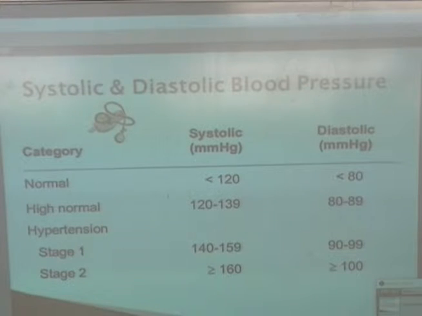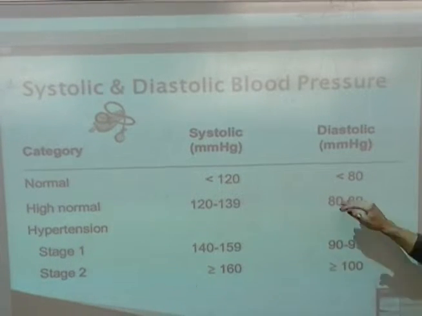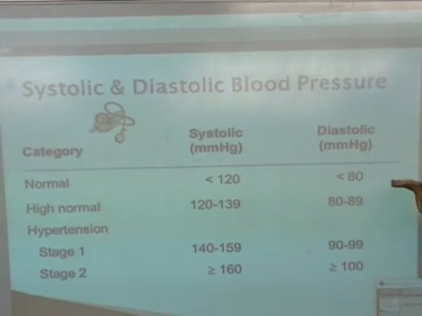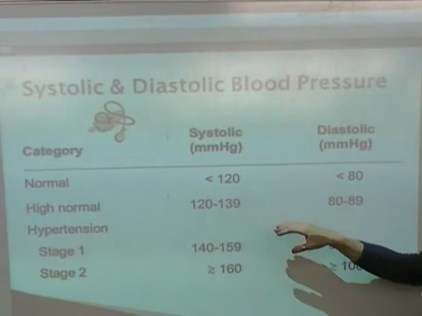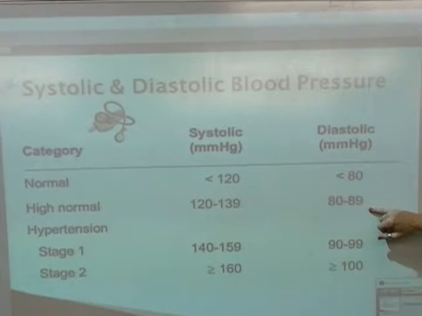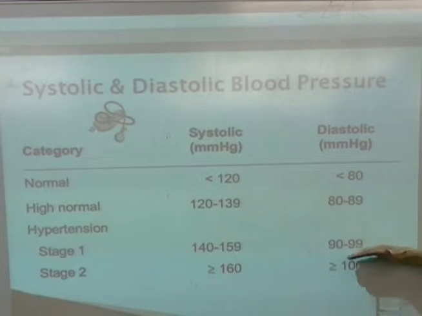And we mentioned the fact that normotensive is now considered less than 120 over less than 80. Okay? High normal, 120 to 139 over 80 to 89. And then we have two levels of hypertension.